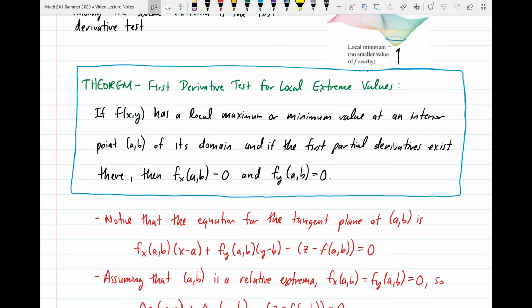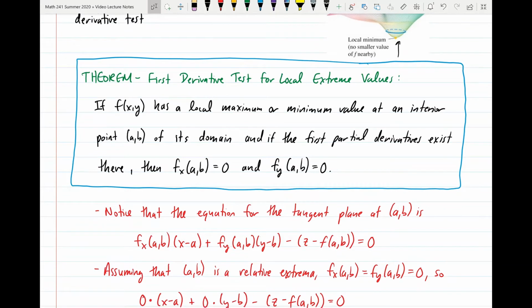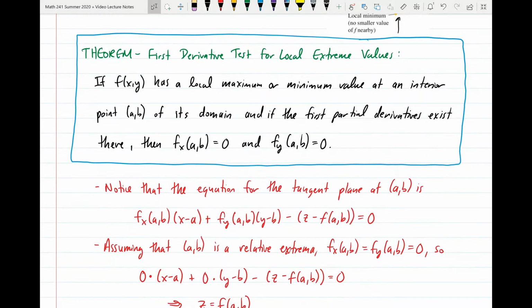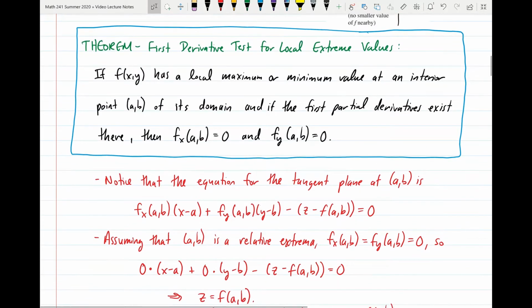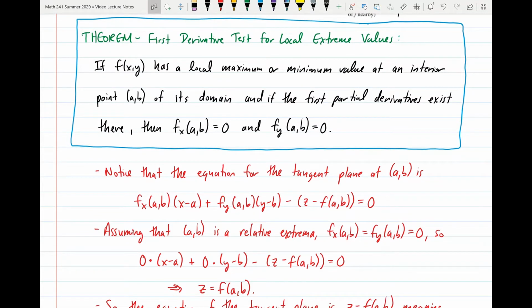So we're going to call this theorem the first derivative test for local extreme values because that's what the book calls it. So if we have a function f of x, y, and if it has a local maximum or minimum value at an interior point (a, b) of its domain, and if the first partial derivatives exist at that point (a, b), then the partial derivative with respect to x at (a, b) is going to equal 0, and the partial derivative with respect to y at (a, b) is going to equal 0.